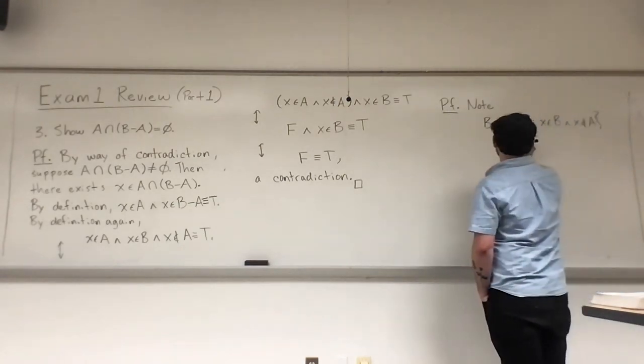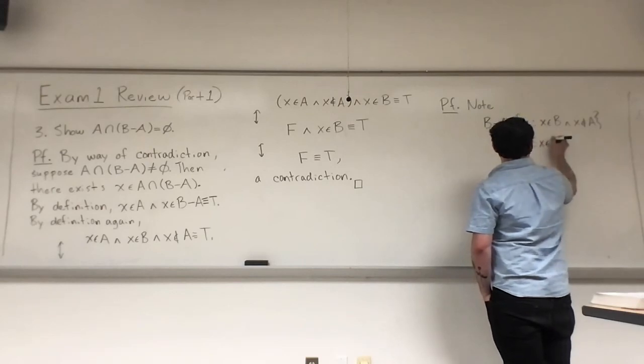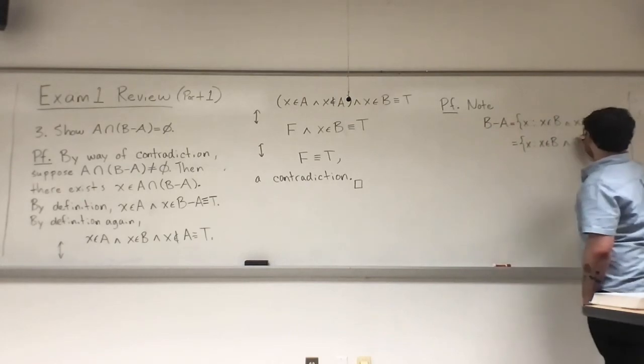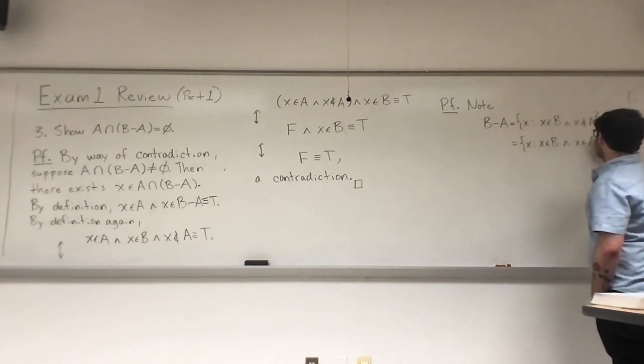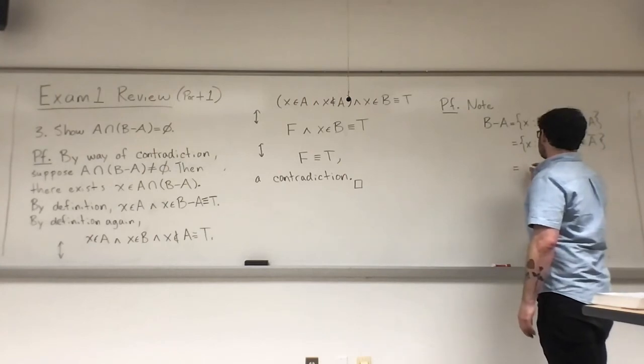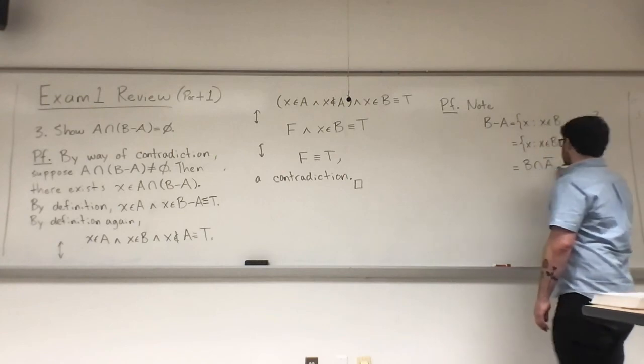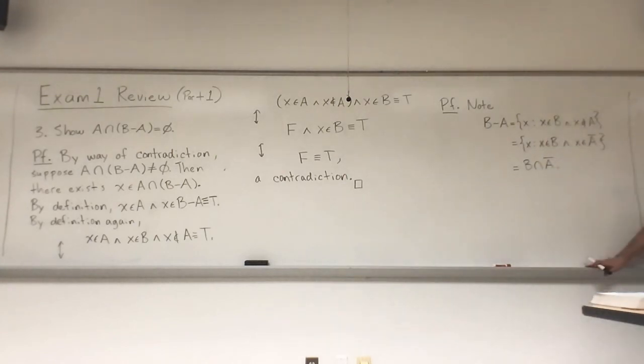But this is equivalent to the set of all x such that x is in B and x is in A complement. Your textbook might put a little C right there. It's the same thing, complement. If x is not in A, it's in the complement of A. And now we have the and, which is the intersection. So this is B intersect A complement. So B minus A is the same thing as B intersect A complement.